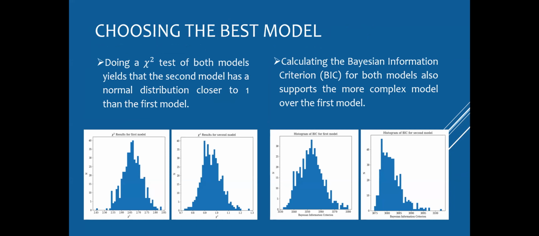So what we would expect is that if you're overfitting, the model with the highest number of parameters will get a higher Bayesian information criterion based on how well it fits the data. Although by computing this test, it showed that the second model, even though it had 6 parameters compared to the first one, did a much better job at fitting the data, even though it had a higher number of parameters.